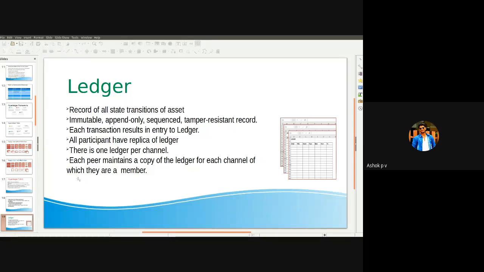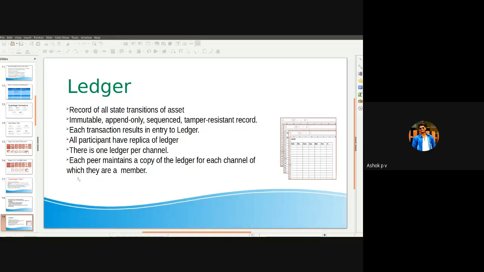So each and every transaction or transition of that asset should be stored with the time, the date, the event, and the owner as well. The owner is nothing but the participant. So the owner in the starting phase would be the supplier, the raw processing kind of thing, the second owner would be the distributor, the third owner would be the retailer, and the fourth owner would be the consumer.